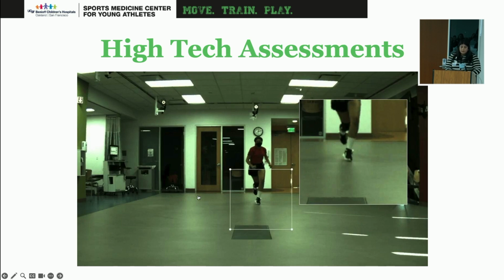So with this video, we would cue the patient, okay, you're going to run, plant on that force plate, and then start pedaling backwards. If you could imagine the patient going into almost a single leg squat or a very deep lunge, we're trying to assess, again, that hip stability angle.